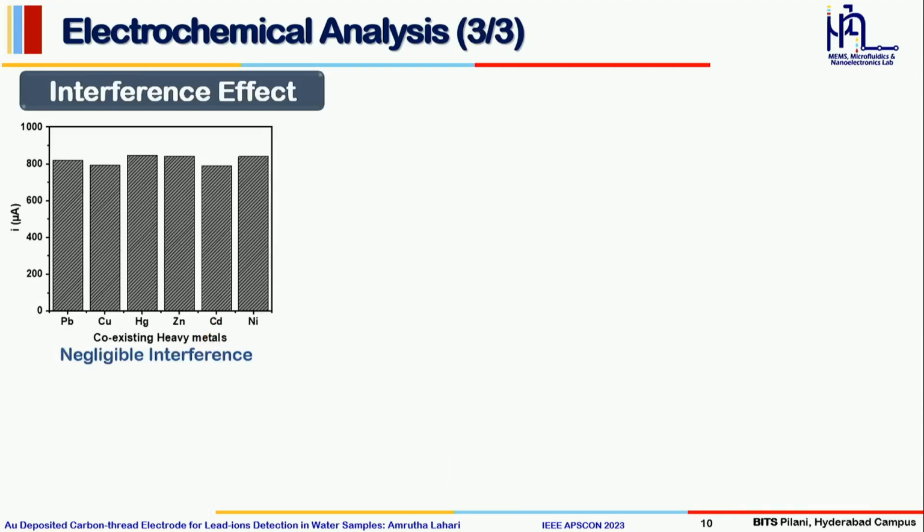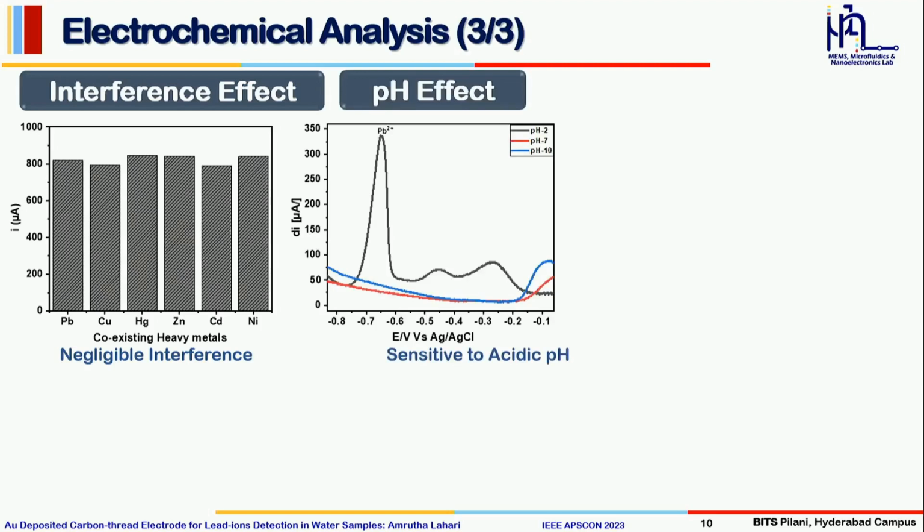To understand whether the sensor was very specific to lead at that potential, we did an interference study, where the peak current did not change because of the interfering agents. The interfering agents we took were heavy metals found in water samples: copper, mercury, zinc, cadmium, and nickel. This is why we specifically used HCl-KCl electrolyte.